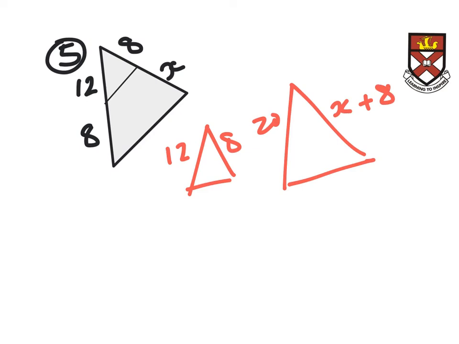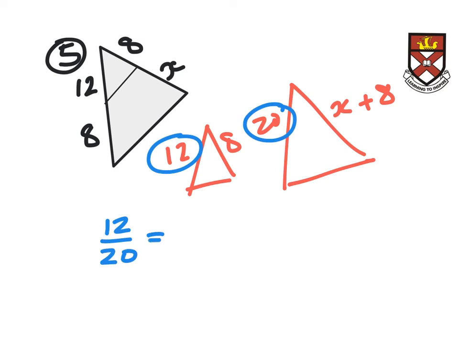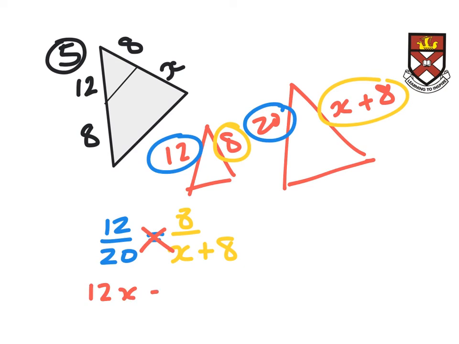We use this side and this side for the first ratio, 12 over 20, and then the 8 and the x plus 8 for the second ratio, so 8 over x plus 8. Now we're going to solve that by cross multiplying. So 12 times x, 12 times 8 equals 20 times 8. You can solve it from there.